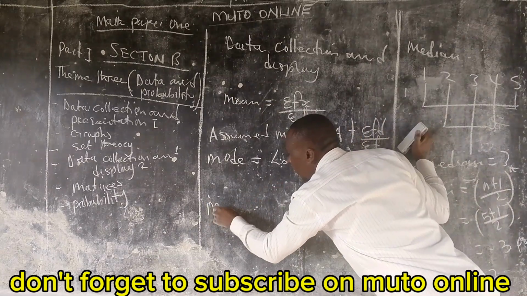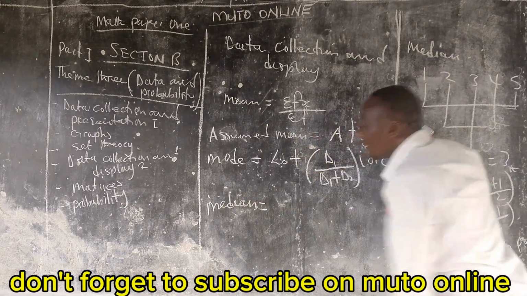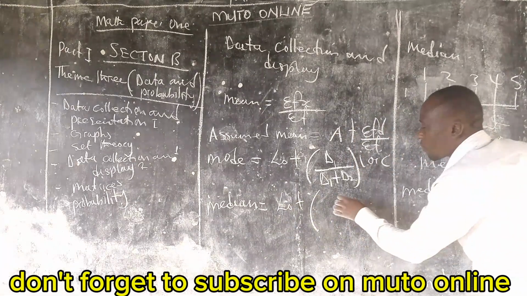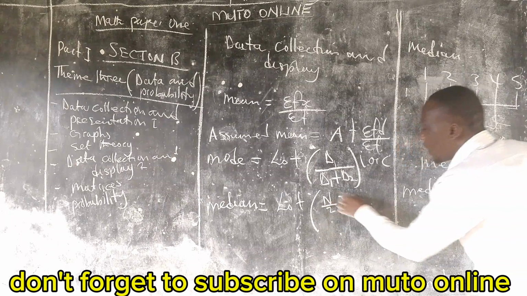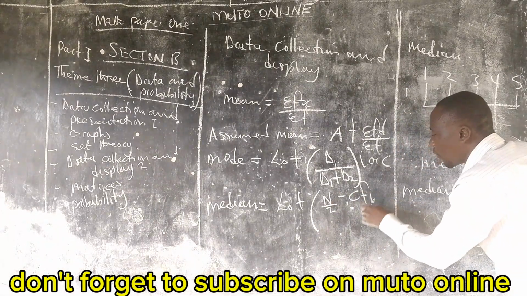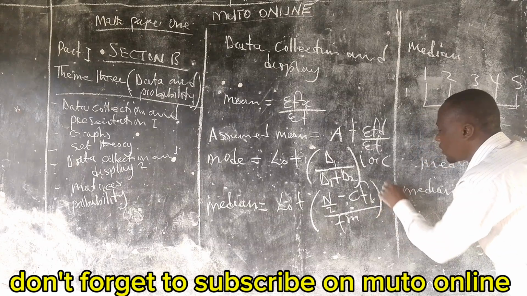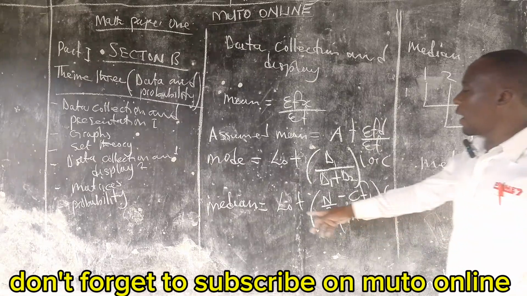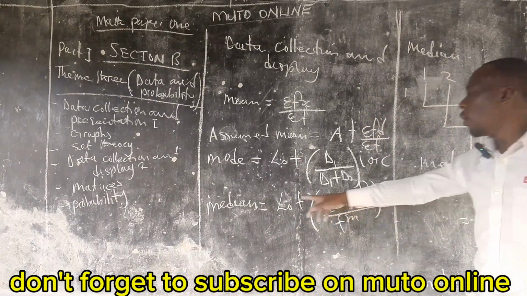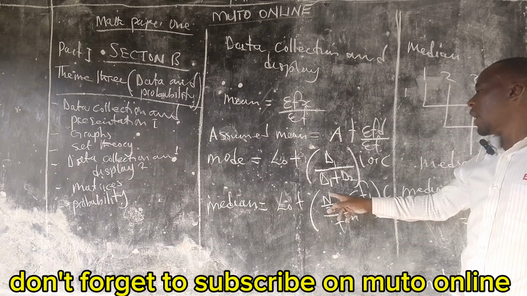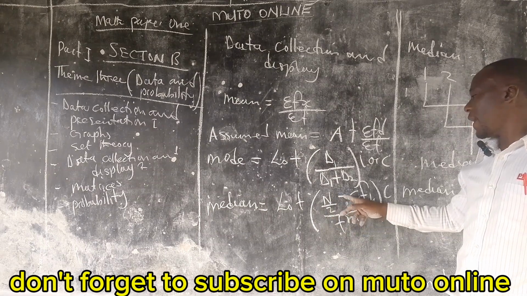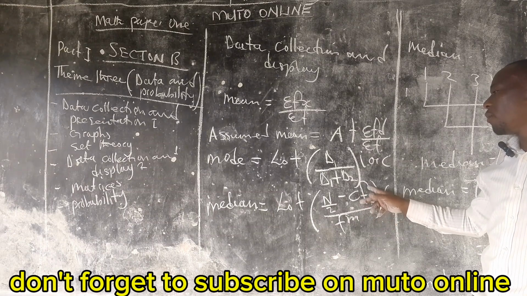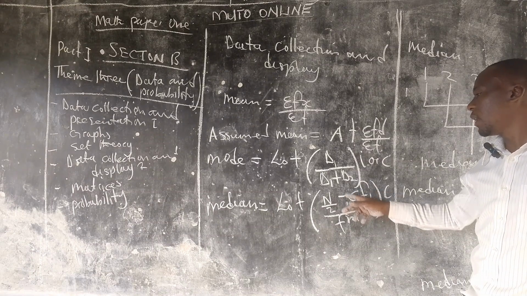So there is also median. Median is equal to the lower class boundary plus, open the bracket, n over 2 minus cumulative frequency before, over Fm, times C or I, where L naught is the lower class boundary of the median class, n stands for the total frequency, over 2 minus the cumulative frequency before the median class.